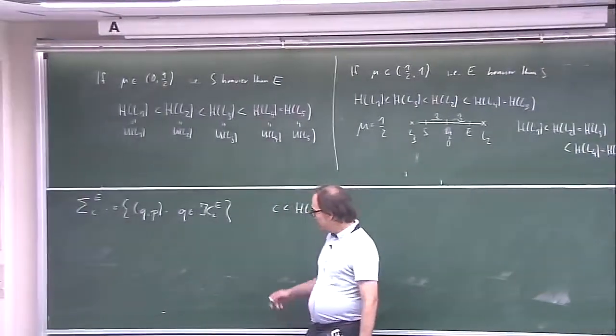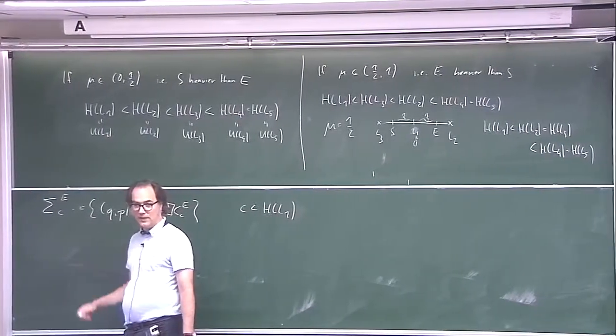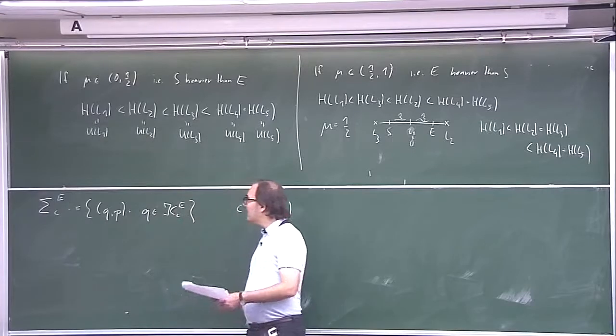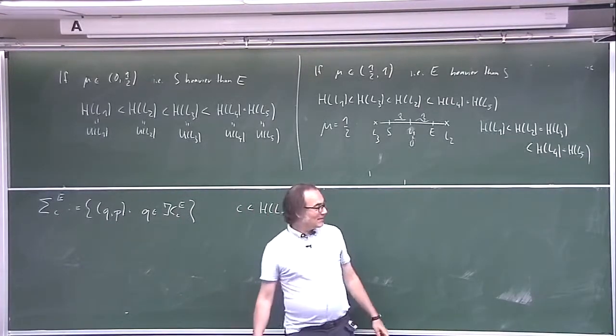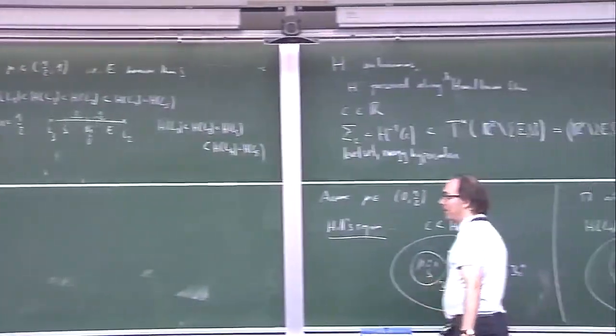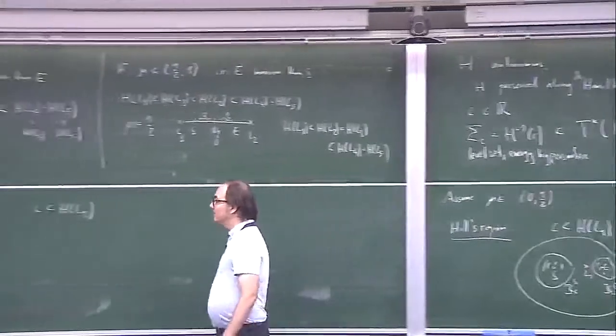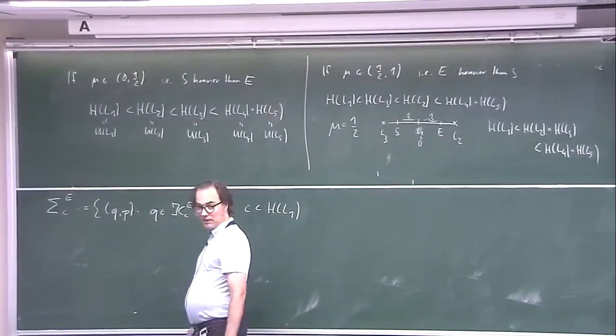And we would like to understand the topology. But this is not yet so good for holomorphic curves. Because now Hill's region is bounded, but this component of the energy hypersurface is not compact.